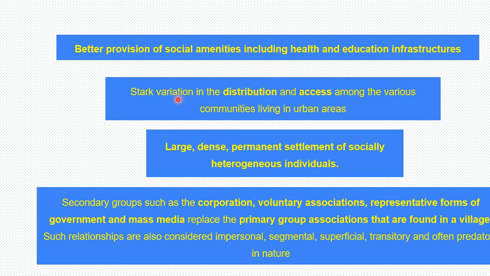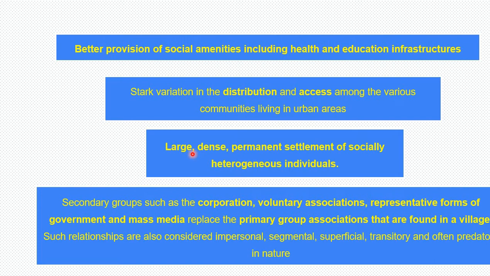For example, people from slum communities and the least advantaged, such as parentless children or widows, are denied distribution and access, and their access to these amenities isn't equal to that of other sections.